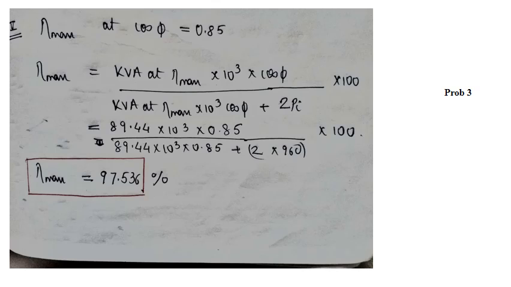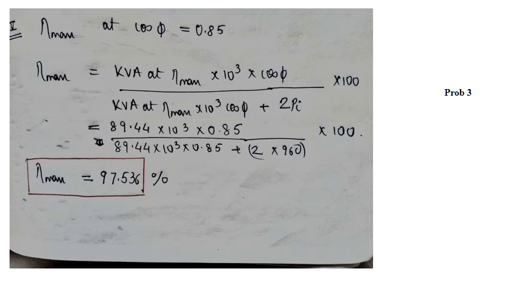Now why this 2 times of Pi is there? Because we know that at maximum efficiency copper losses equals to iron losses. So it will be 2 times of Pi. Please take a note here, it will be 2 times of Pi and not 2 times of P copper, because copper losses are variable, iron losses do not vary with respect to load.